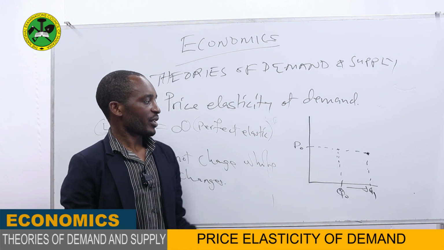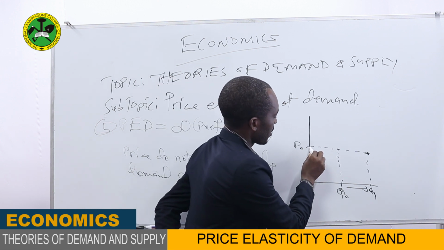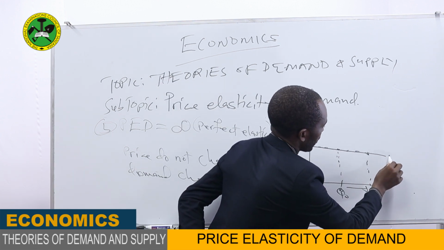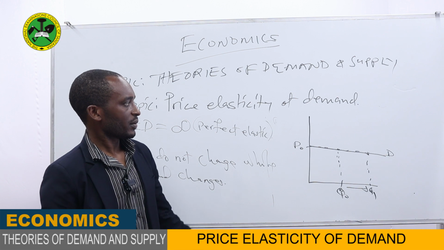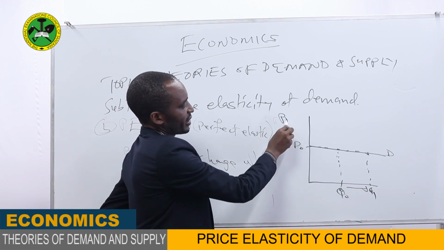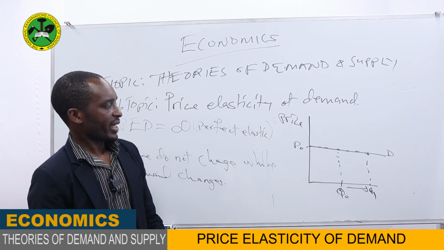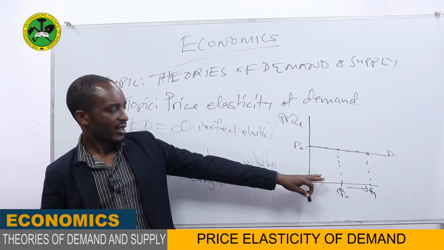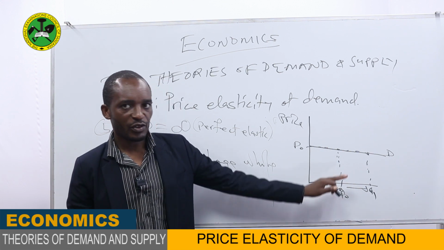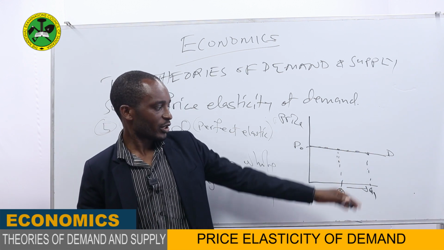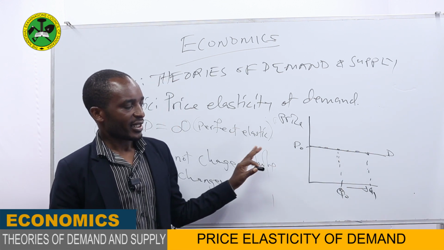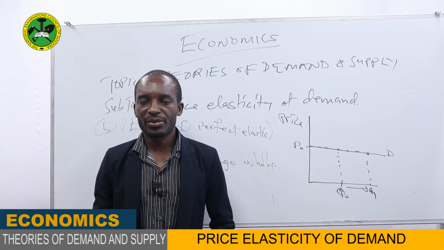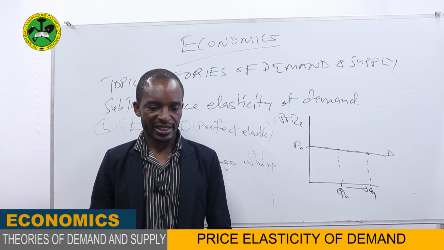Now, if you join the two points, the demand curve will be horizontal. So in this case, if it is perfectly elastic, it means the demand curve will be horizontal. So this is how you can interpret the price elasticity of demand.